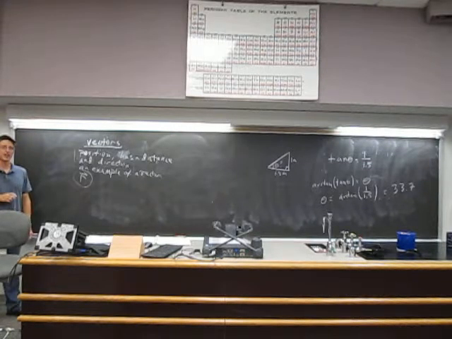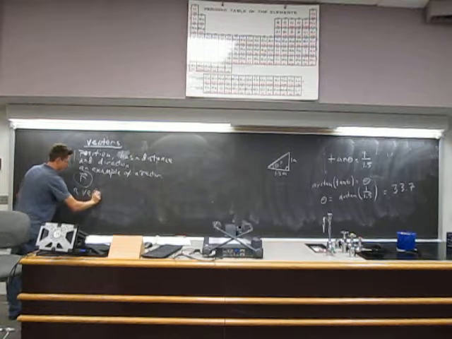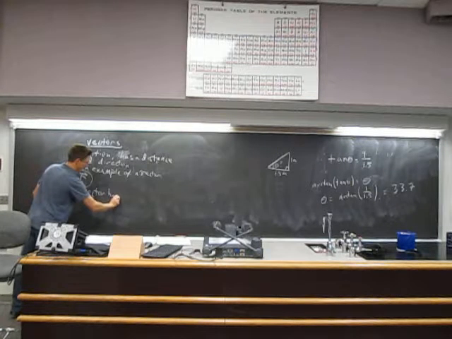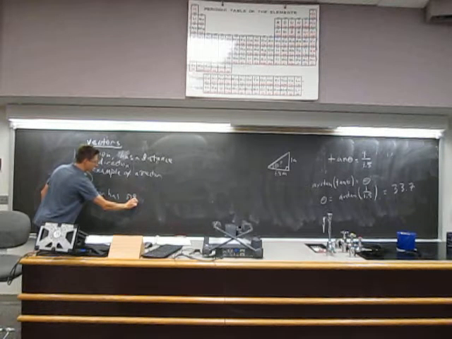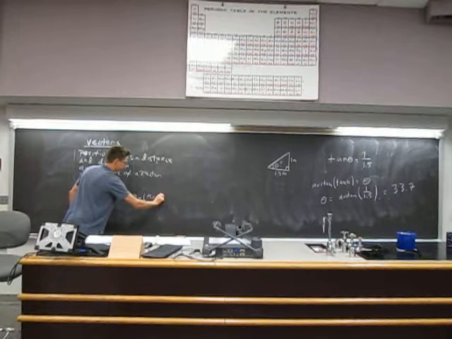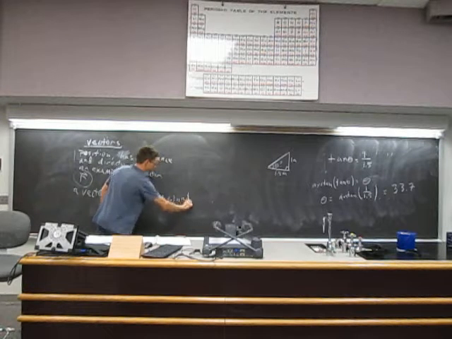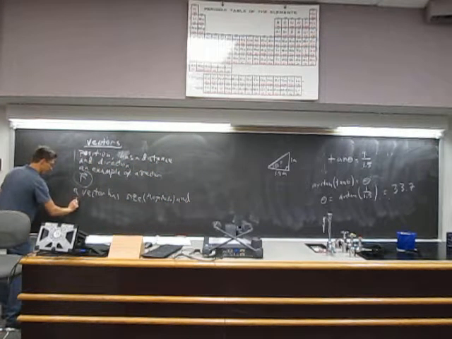A vector is anything that has a size and a direction. A vector has size, or magnitude, and direction.